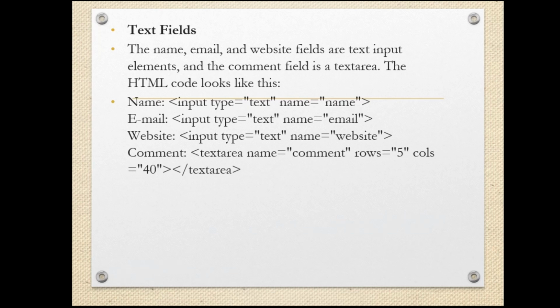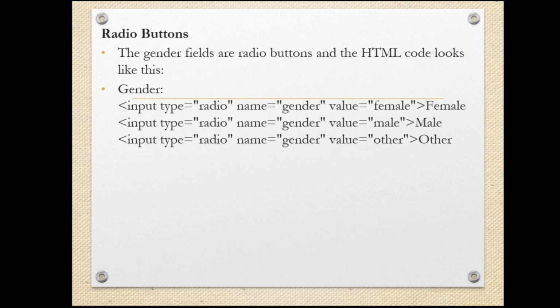Now we will see the text fields. The name, email and website fields are text input elements, and the comment field is a text area. The HTML code looks like: name, input type equal to text, name equal to name; email, input type equal to text, name equal to email; website, input type equal to text, name equal to website; and comment, textarea, name equal to comment, with number of rows and number of columns.